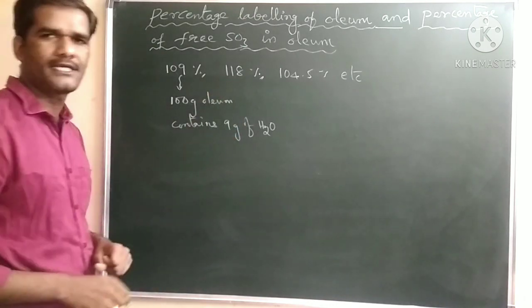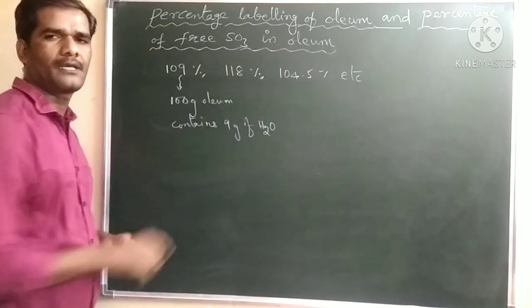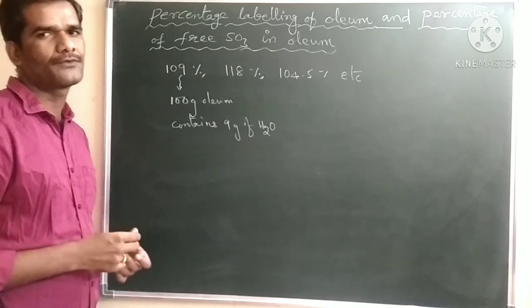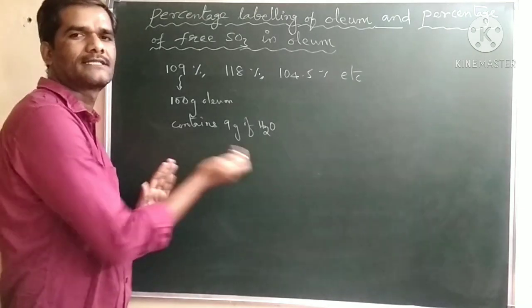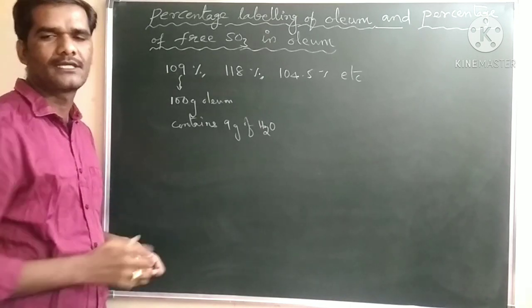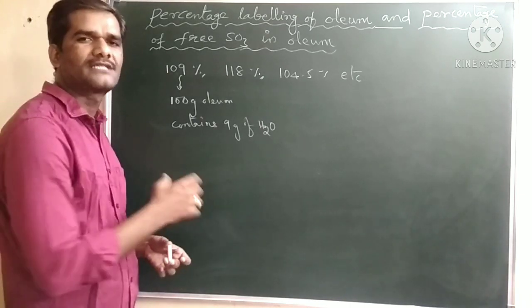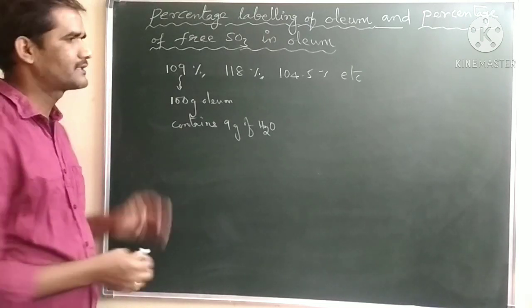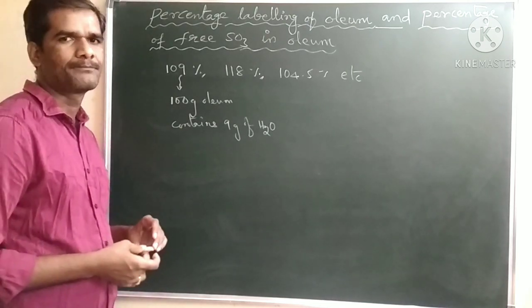Similarly, 118% means 100 grams of oleum contains 18 grams of water. Whatever is in excess of 100 is the water. It is 100 plus x, where x is the desired amount of water that reacts with oleum. So like that we can label the oleum.